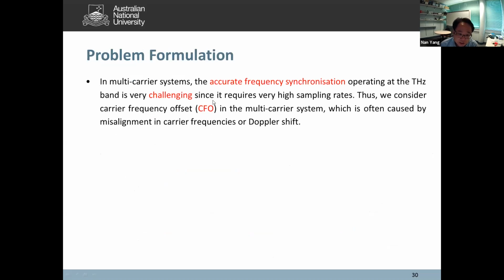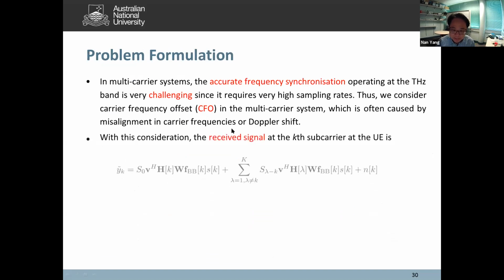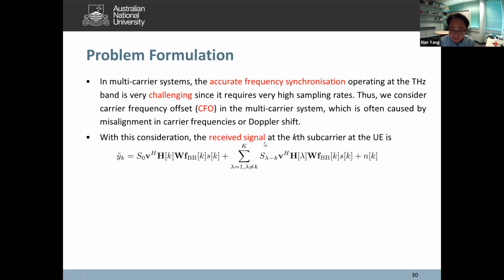As we mentioned, we also consider carrier frequency offset, because in multi-carrier systems, accurate frequency synchronization is very challenging. So we consider this CFO, which is typically caused by misalignment in the carrier frequencies. Based on this, we formulated the received signal.